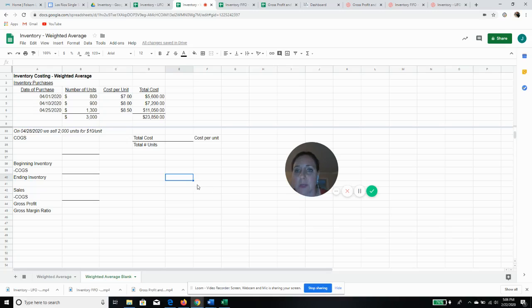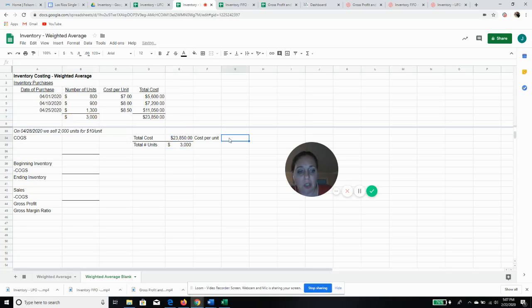All right, and again, this one's standalone. So now we're at April 28th, and we have purchased all 3 of these batches. So the first thing we want to do is calculate our weighted average cost per unit. And our weighted average cost per unit is going to be our total cost, which in this case is $23,850, divided by our total number of units that we purchased, 3,000.